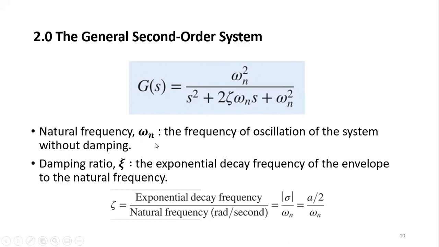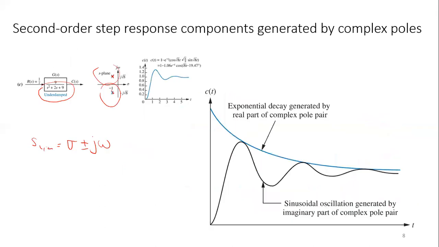The natural frequency is the frequency of oscillation of the system without damping, and the damping ratio is the exponential decay frequency of the envelope relative to the natural frequency. So this is the natural frequency of the system, and this is the damping ratio, the amount of damping.